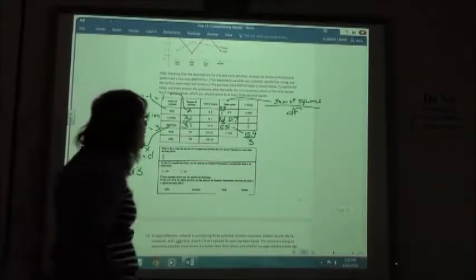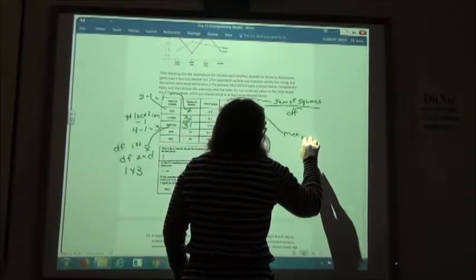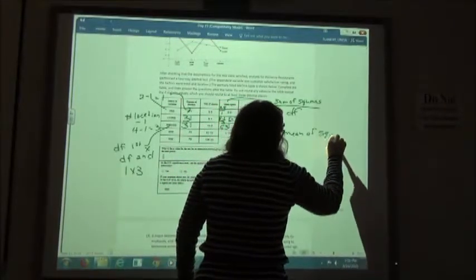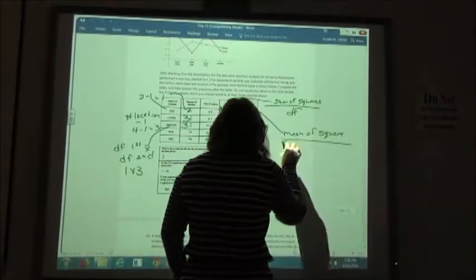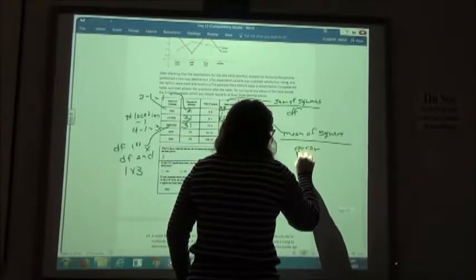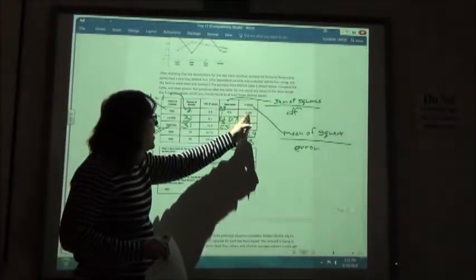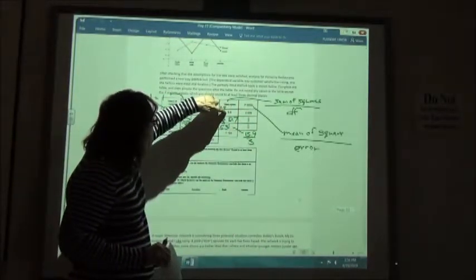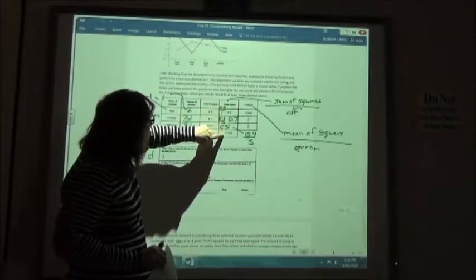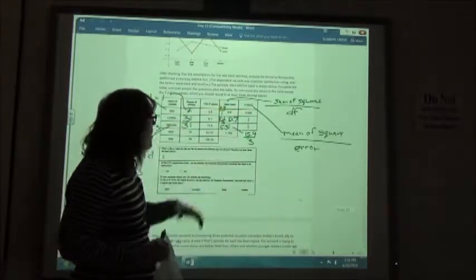That's what I was doing. So for my F statistic, the mean of the square divided by the error. For this box here, they took the 0.8 divided by the 1.163 to get the 0.688.